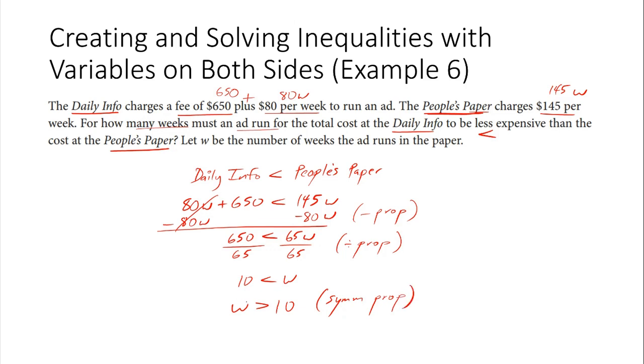All right, so basically what we're saying here is the number of weeks, it's going to take more than 10 weeks until Daily Info is cheaper, or costs less than the People's Paper.